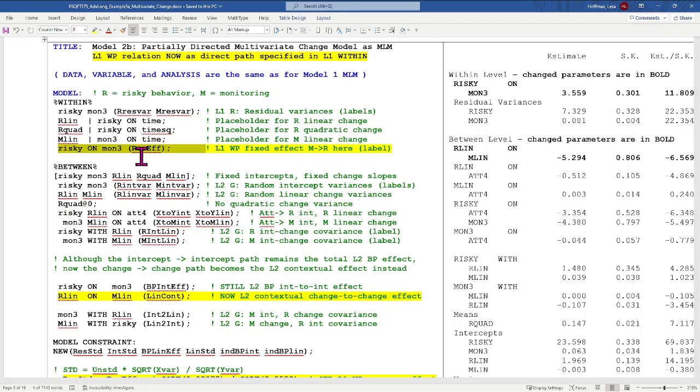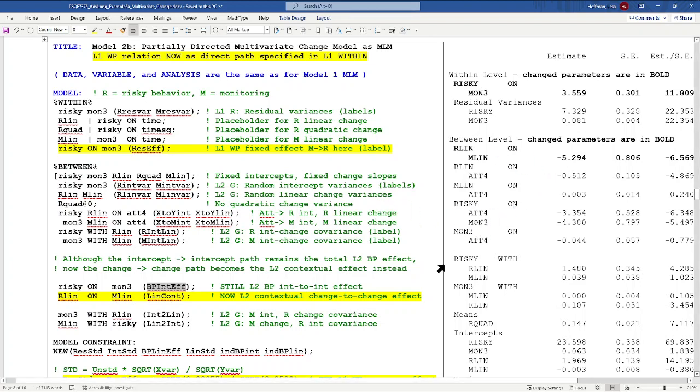So the latent centered within person level 1 part of these variables is what this slope is connecting. So because of that, we end up still with a between-person intercept-to-intercept effect right here, but for reasons I truly do not understand, the change-to-change slope becomes contextual instead. And I never would have known that had I not known what the answers were supposed to be from setting it up as a between-person relationship.